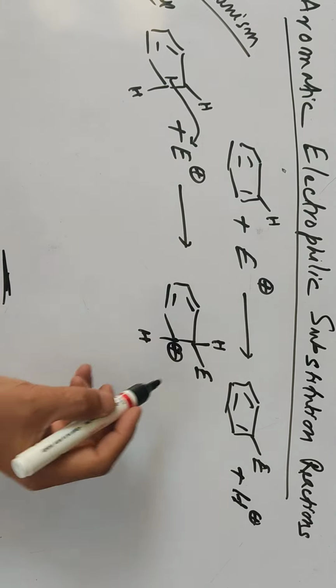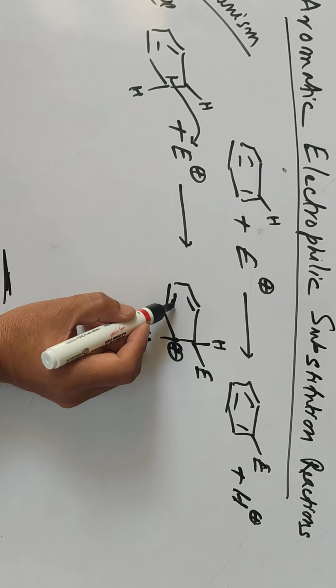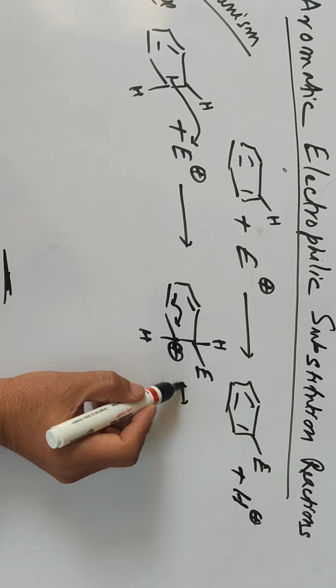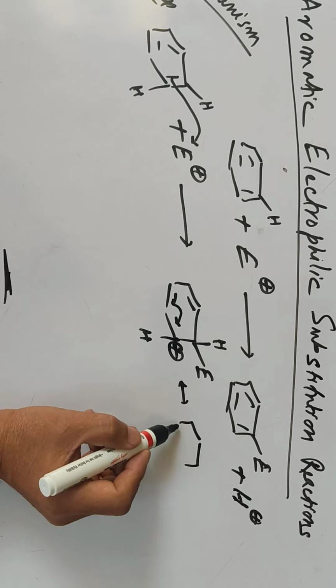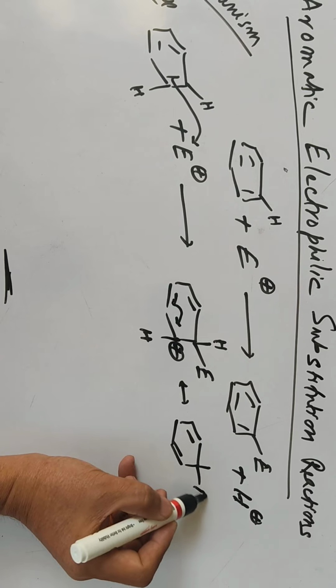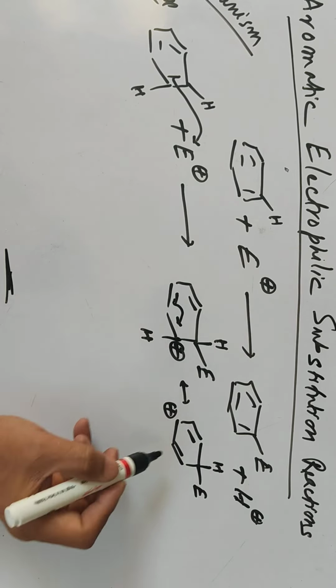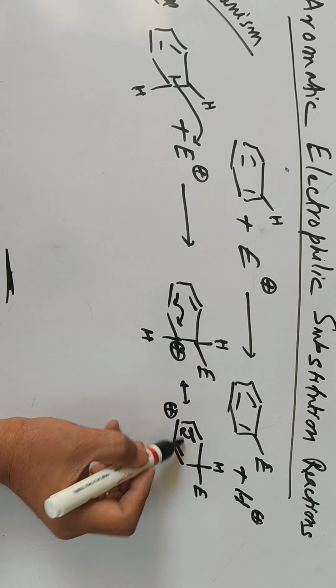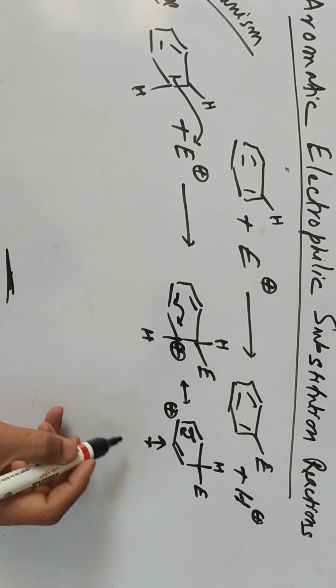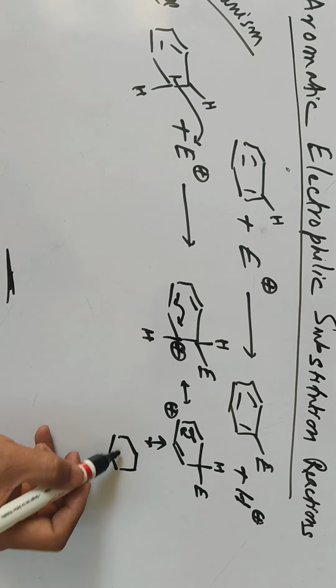This carbocation can be delocalized in many ways. You can have so many resonance structures. We discussed this last time also. The positive charge can be here, and then again it can be delocalized like this. So you can have these types of intermediates.